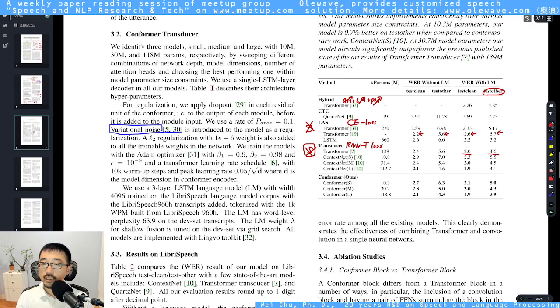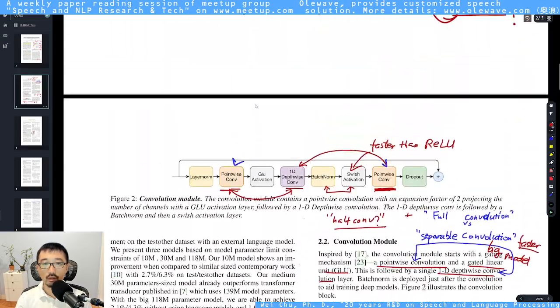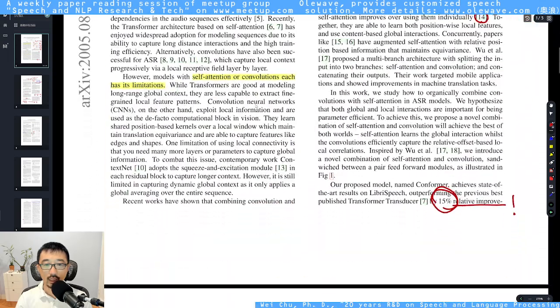ContextNet is a method which was published almost at the same time as the Conformer paper, okay? But ContextNet doesn't use CNN, correct me if I'm wrong. They try to model the context better in the transformer, just like the people mentioned during the introduction.